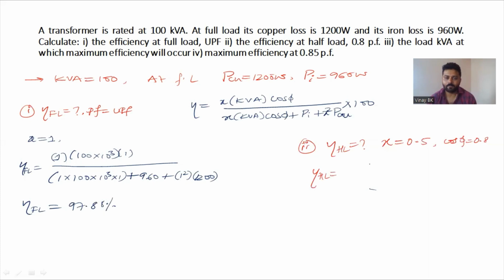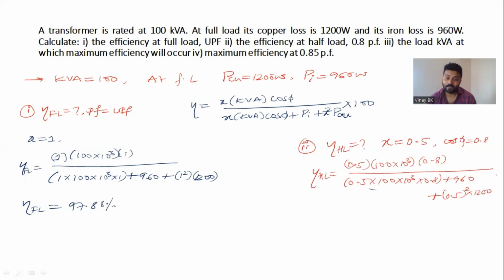Eta half load equals x is 0.5 now, 0.5 into 100 into 10 to the power 3 into power factor 0.8, whole divided by output plus losses. 0.5 into 100 into 10 to the power 3 into 0.8 plus 960 plus x square, which is 0.5 square into 1200 multiplied by 100.